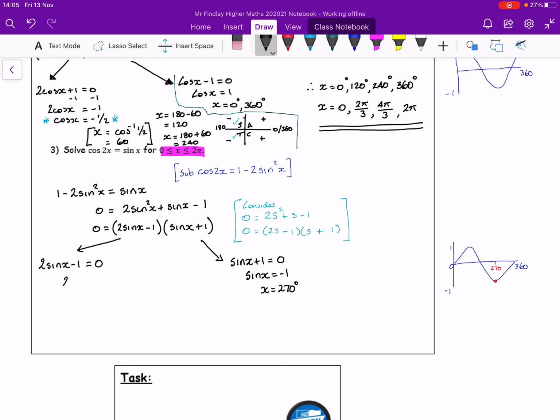And my second equation, 2 sin x is equal to 1, sin x is equal to a half, so x is equal to inverse sine of a half, which is 30 degrees.